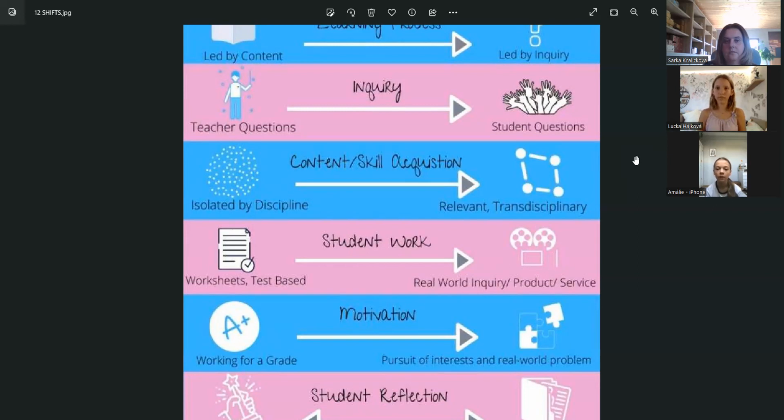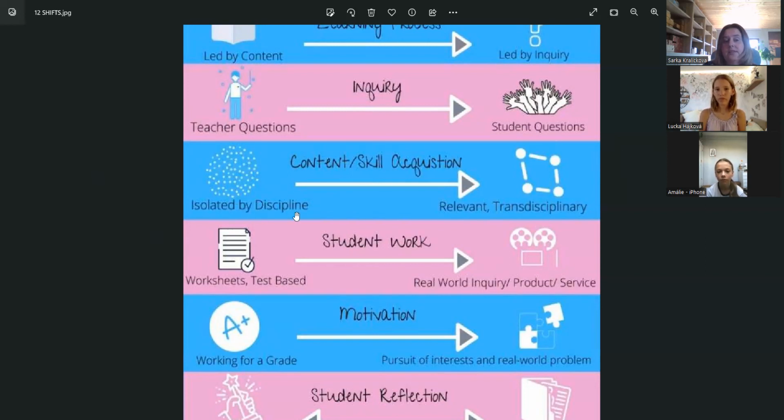But right now the questions can also be from the students, and the students can also talk to each other and with the teacher.